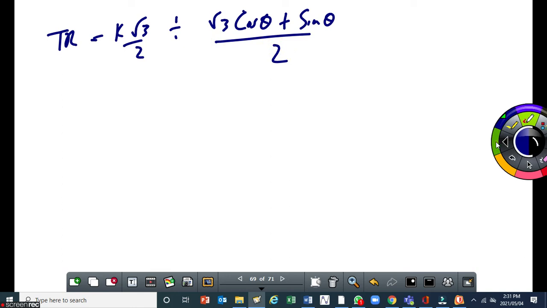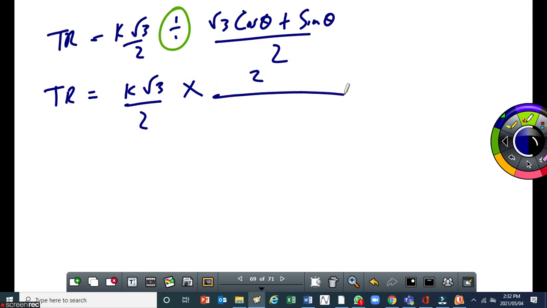Then this division sign ends up becoming multiplication, so you get TR equal to K times square root of 3 over 2 times 2 divided by square root of 3 cos theta plus sine theta. These two will cancel out.